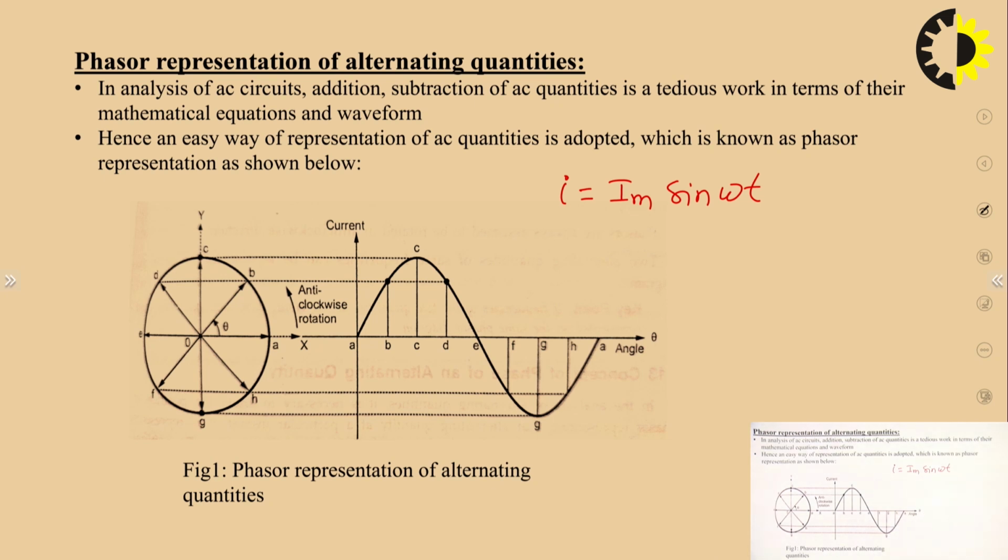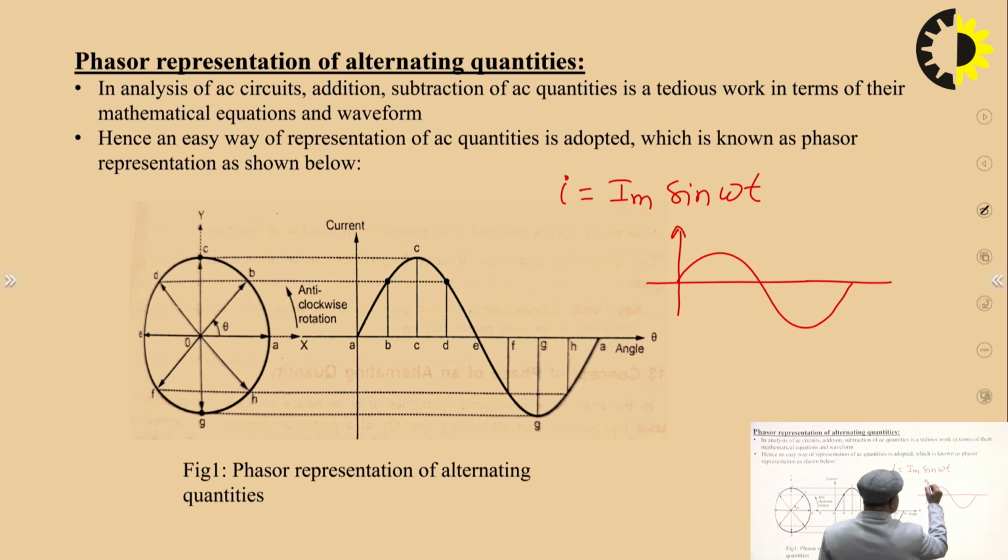Its waveform is sinusoidal, its shape is a sine waveform. This is the sine waveform, this is the instantaneous current i, and this is the peak value of current Im, and this is 2π, the time period.